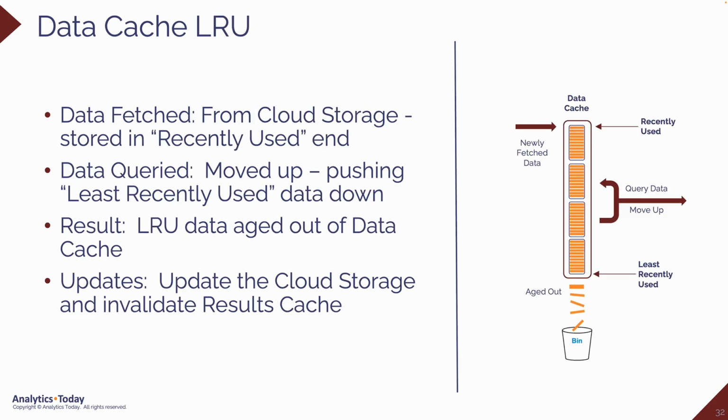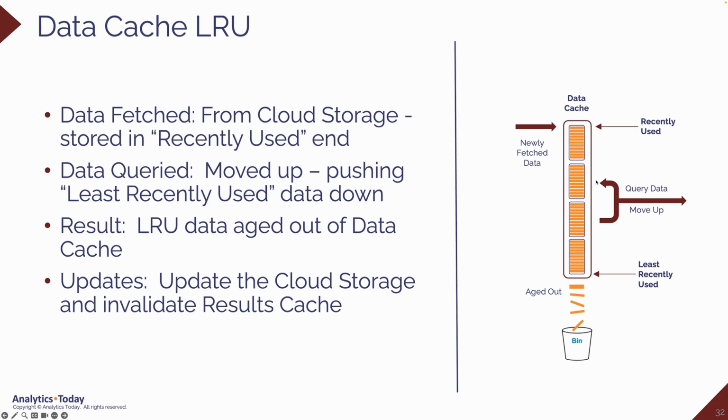It's held on a least recently used basis, which means that when data is fetched from the cache, it's always moved up, and newly inserted data is held in the recently used area of the data cache. That means that as data is inserted, it's in the top. As it's then queried again, it's moved back up, which means gradually it's pushing data down to the bottom of the cache that's not being used frequently, hence the name LRU, or least recently used.